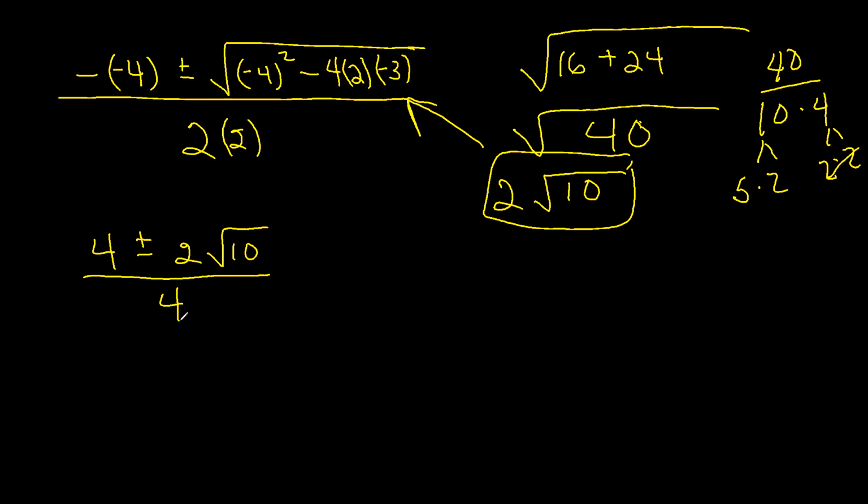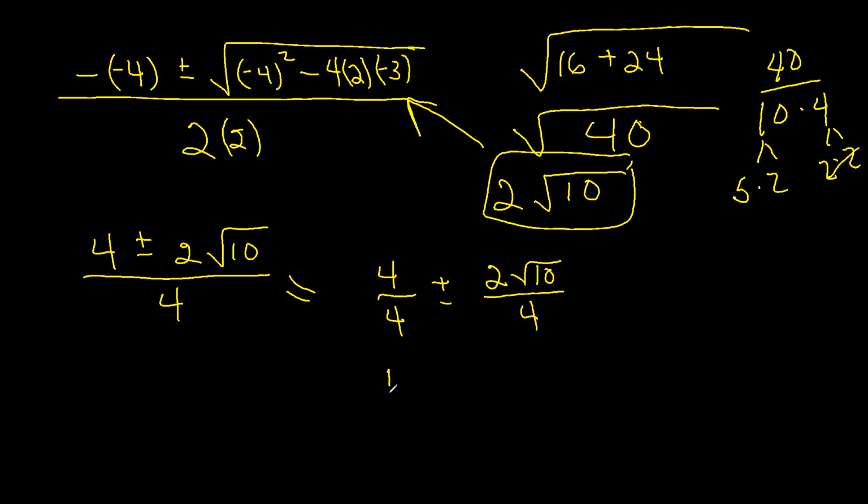Okay, so next we've got some simplifying to do. So choose your poison here. Either way, you can rewrite it. You can see this is 4 divided by 4 is 1. So you could write it as 4 over 4, and that would be plus or minus this 2 root 10 over 4. So I'm just writing it out separately, or if you can eyeball it, that would be a greater help to you.